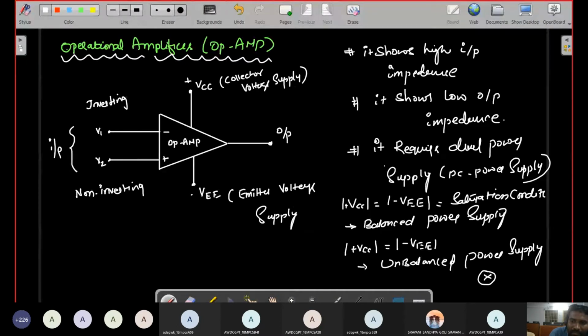The saturation condition will exist only in balanced power supply. So if you give a balanced power supply to this operational amplifier, then only the output of this operational amplifier is saturated. Okay, please, everybody note.